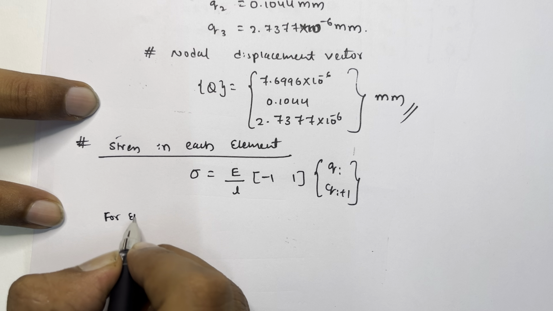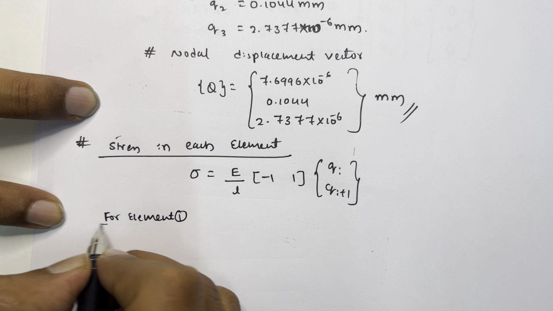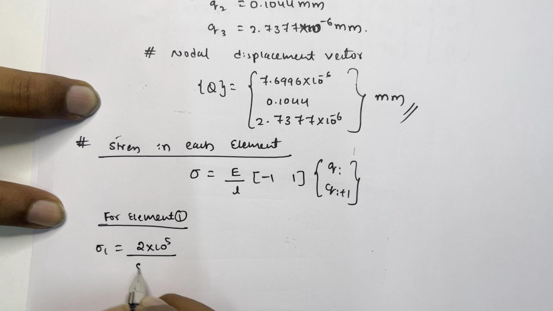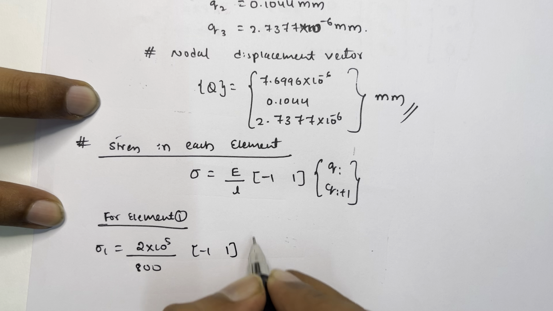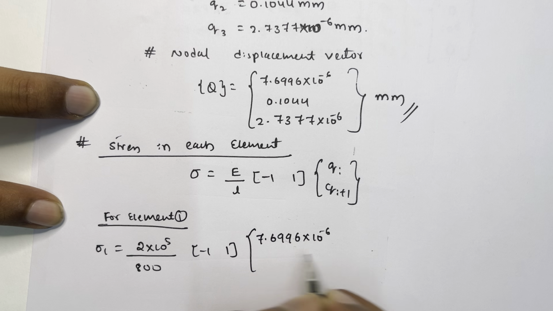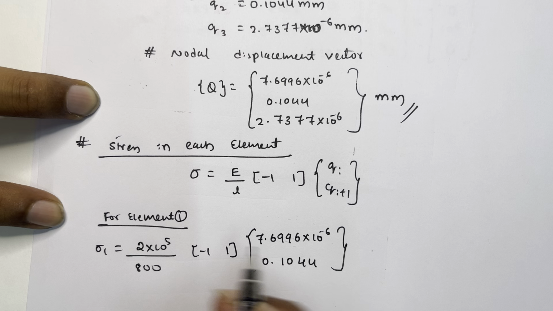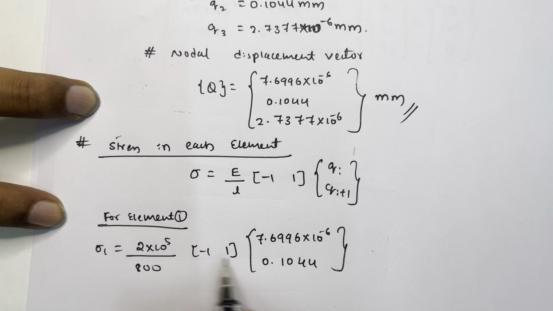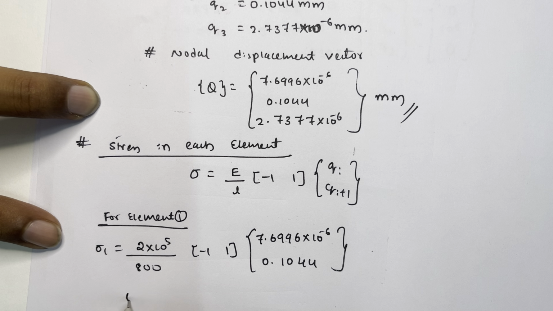Now for element 1, sigma 1 is equal to Young's modulus is 2 into 10 raised to 5, length is 800, [minus 1, 1], q1 is 7.6996 into 10 raised to minus 6, and q2 is 0.1044. First we solve this into minus 1, plus this into 1. So after solution we'll get sigma 1 is equal to 26.098 megapascal.